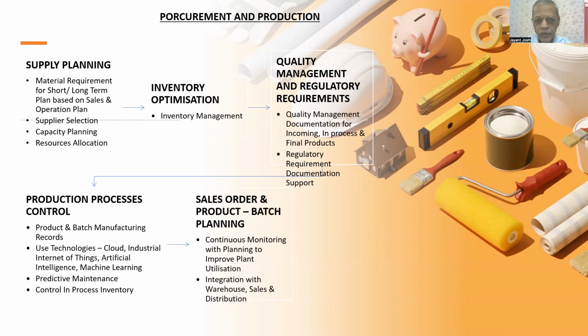This gets initiated from supplier selection. You have to identify those parties who are capable of delivering the material in time, in quality, at the expected material rates, and then you discuss, negotiate with them, and then you select the suppliers.